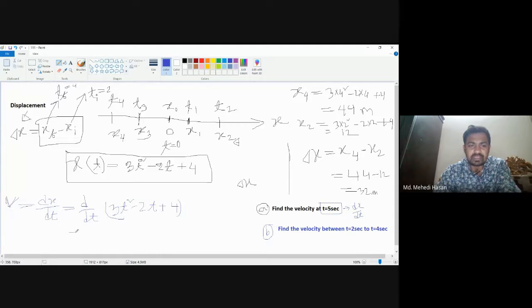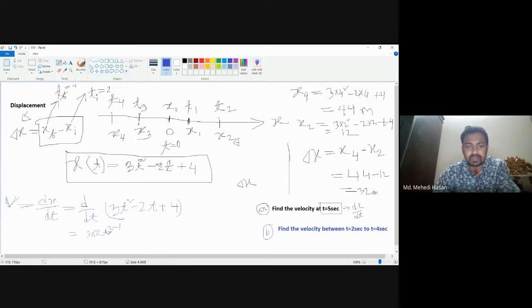And another thing is that if there is a constant with a variable, you can take the constant common. So say 3, I have taken the 3 common, then t square, that means x to the power n was there, in place of x here t comes and in place of n, 2 comes. So it will be n, that means 2 t to the power 2 minus 1.